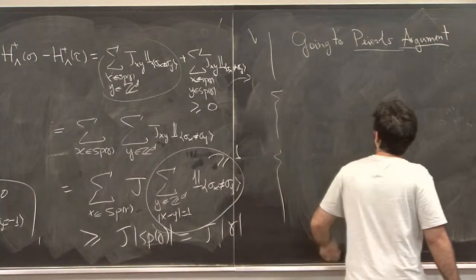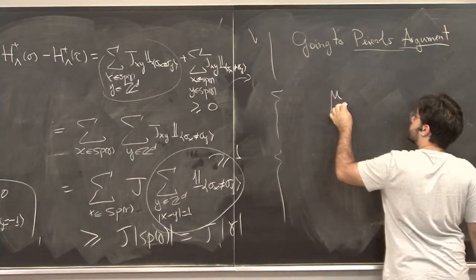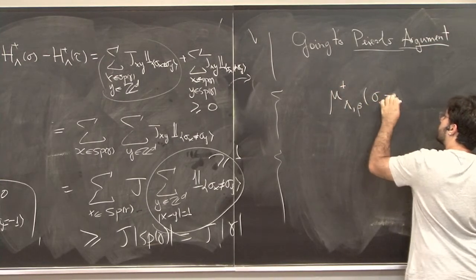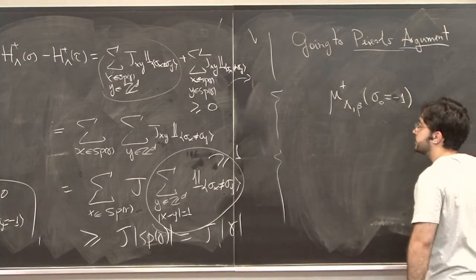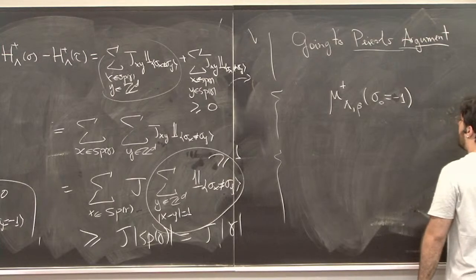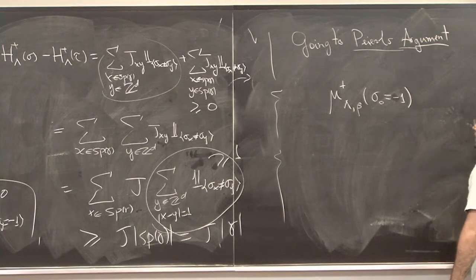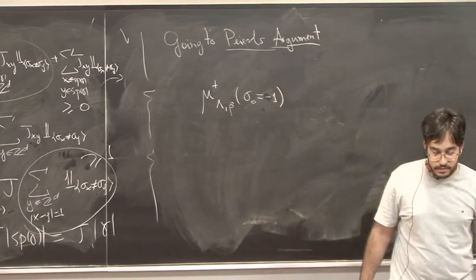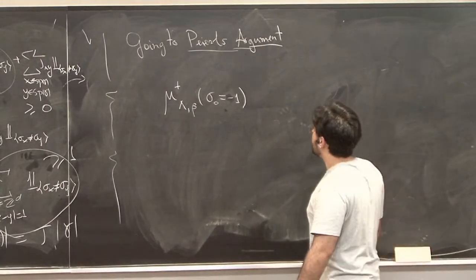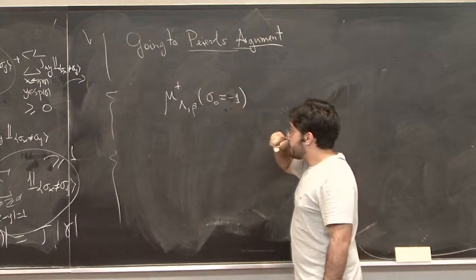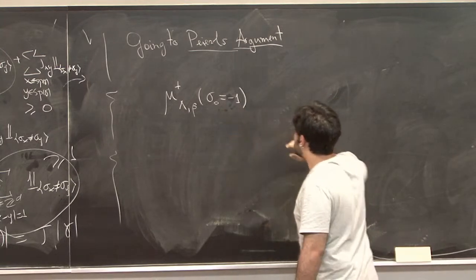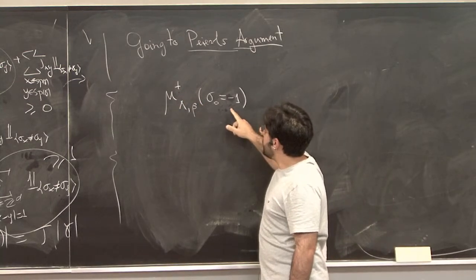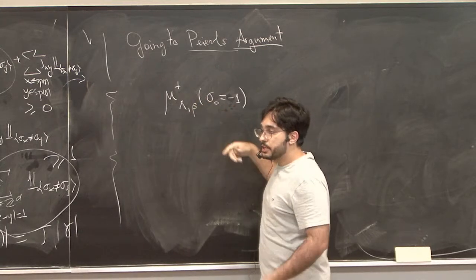So now the quantity that we want to see is this one: sigma 0 equals -1. And we want to show that this is less than 1/3 uniformly on the box. This is our strategy that we talked about yesterday. Notice that if sigma 0 is -1 and I have a plus boundary condition, this means that the sign will have to change at some point.